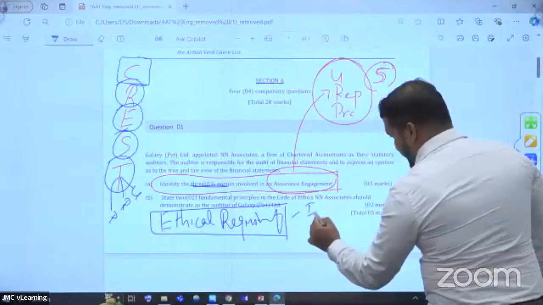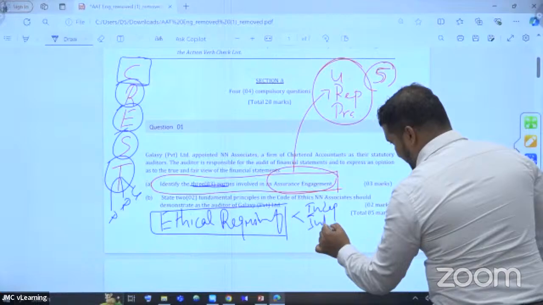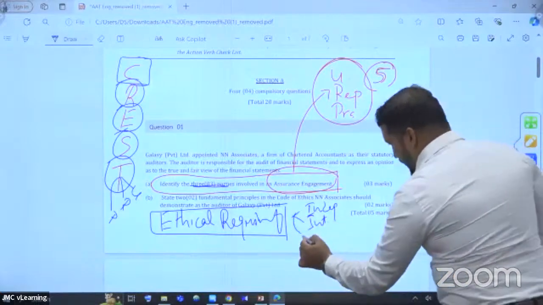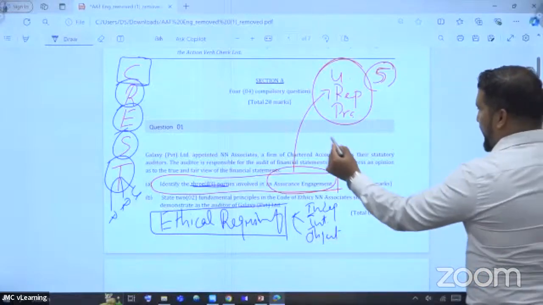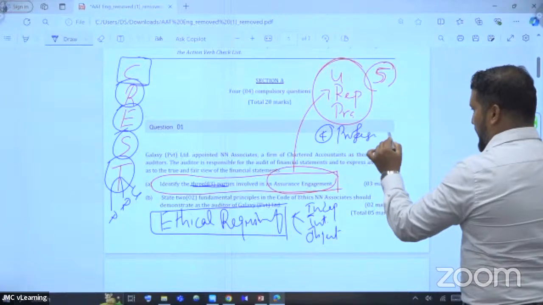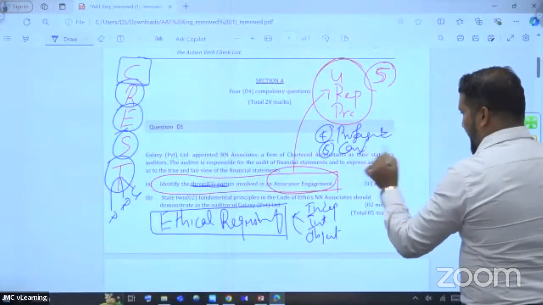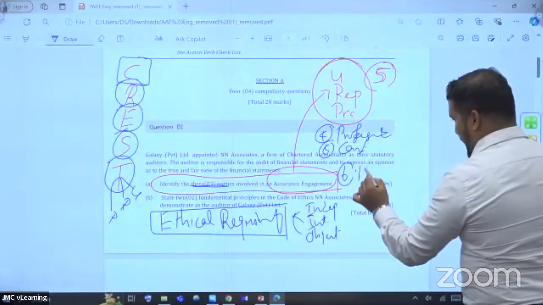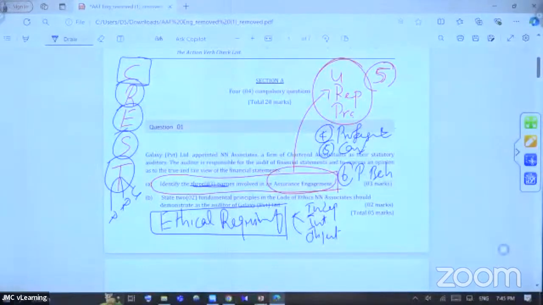Number 1, independence. Number 2, integrity. Number 3, objectivity. Number 4, professional competence and due care. Number 5, confidentiality. Number 6, professional behavior. Those are the main 6 ethical requirements which we have discussed.